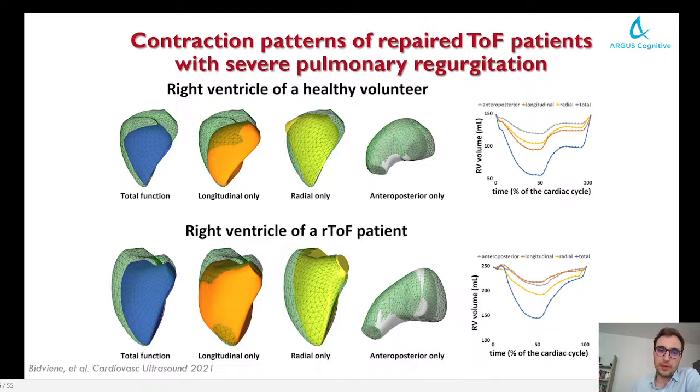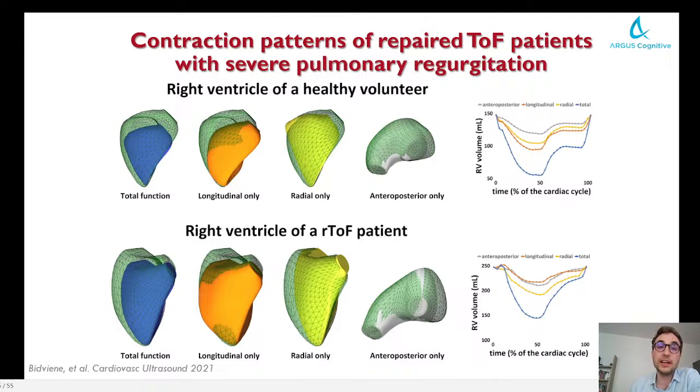However, the motion pattern had even more distinguished characteristics. So the longitudinal motion of the right ventricle was markedly decreased in the tetralogy of Fallot population compared to the healthy volunteers, while the circumferential motion was comparable or even higher compared to the healthy individuals.